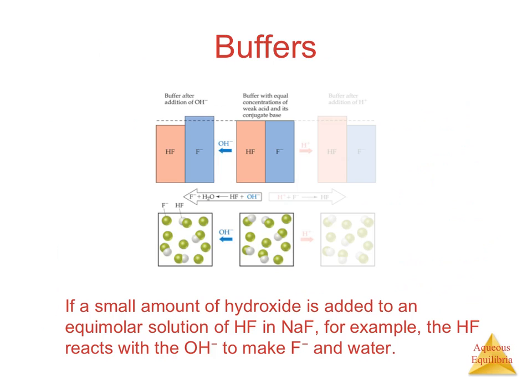So you can see here with some reactions. My buffer solution is going to be a mixture of HF and F minus. So I have a weak acid and its conjugate base, the F minus. If I throw in some hydroxide, it's going to react with the HF and generate more fluoride ion and consume some of my HF.